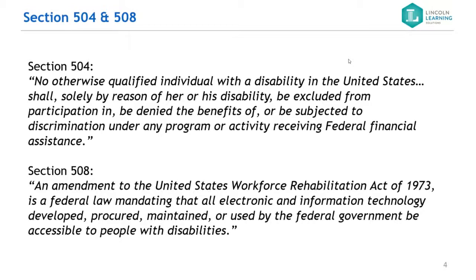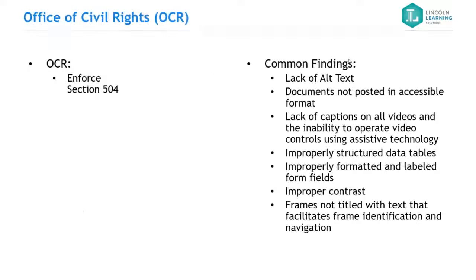But Section 504 also guarantees equal access. So between the Americans with Disabilities Act and Section 504, it requires schools to make everything accessible to students with a disability, such as web pages, online resources, electronic technology, and anything else the school may be using.